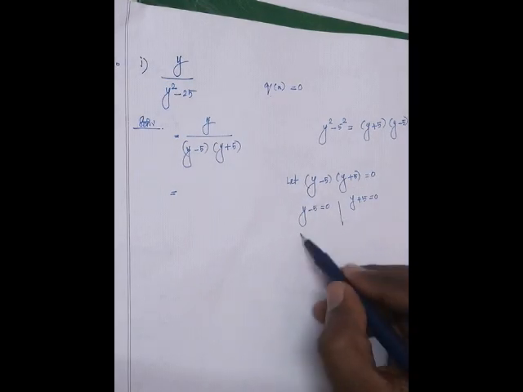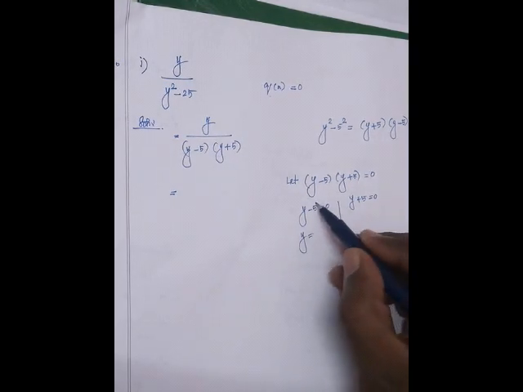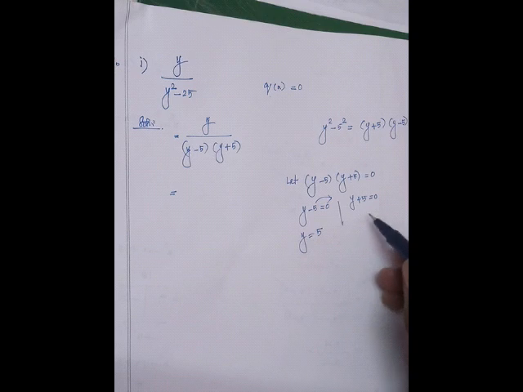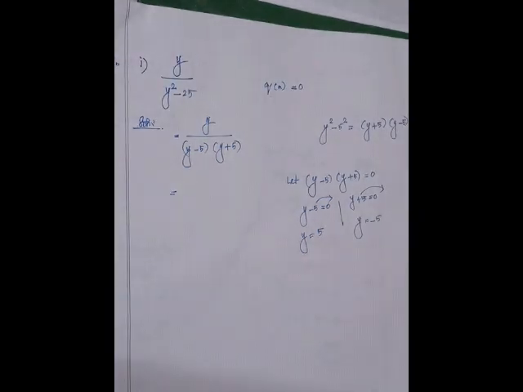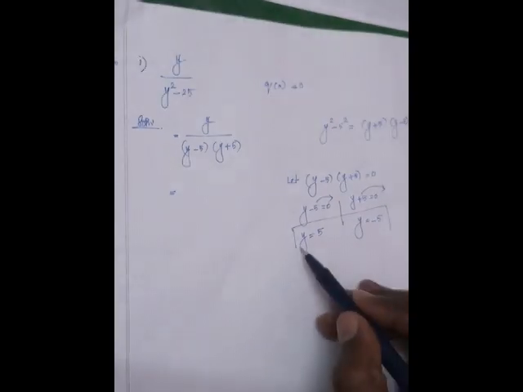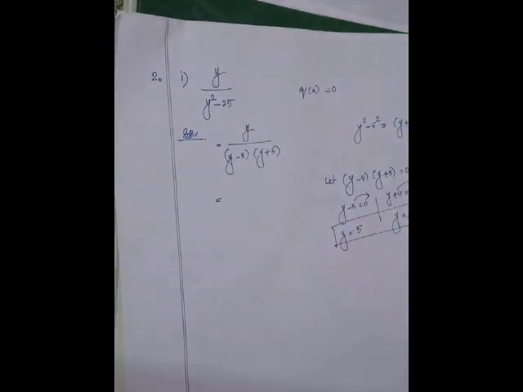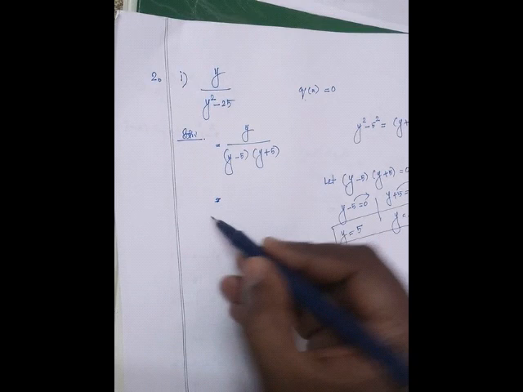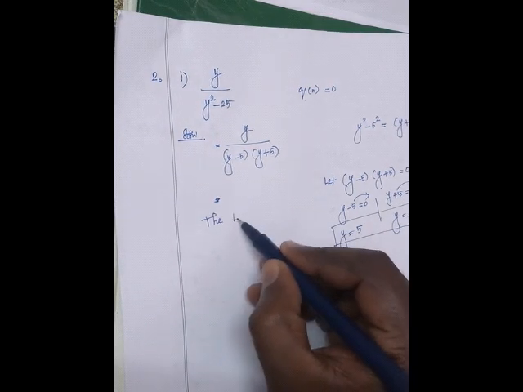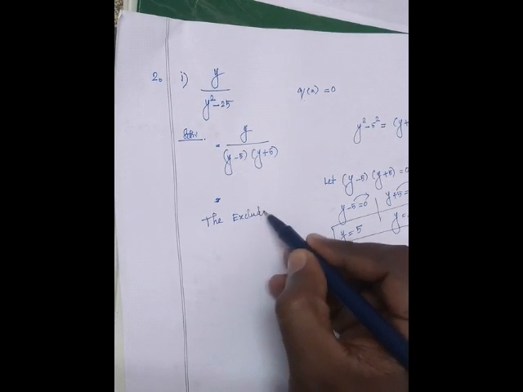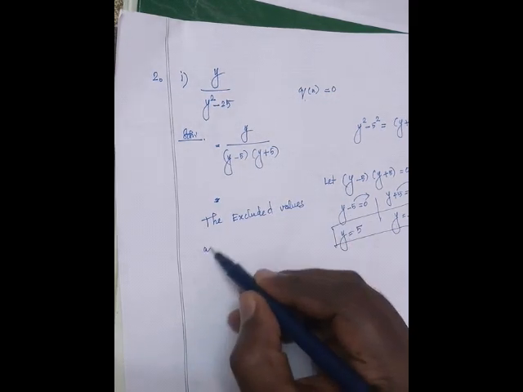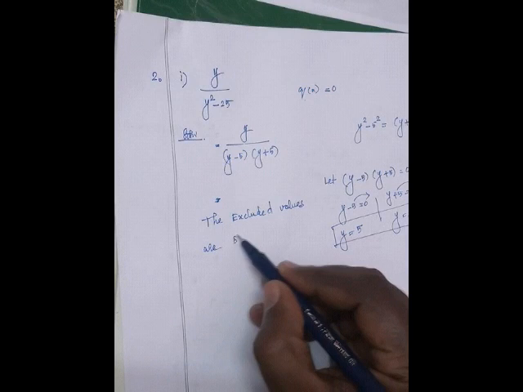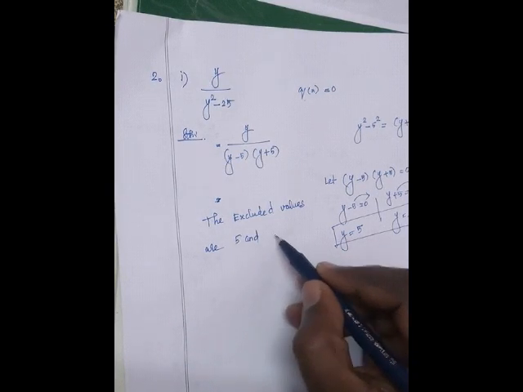In y minus 5 equal to 0, this minus 5 becomes plus 5, so y is equal to 5. Like that, this plus 5 becomes minus 5. I hope you understand this concept. So the excluded values are 5 and minus 5.